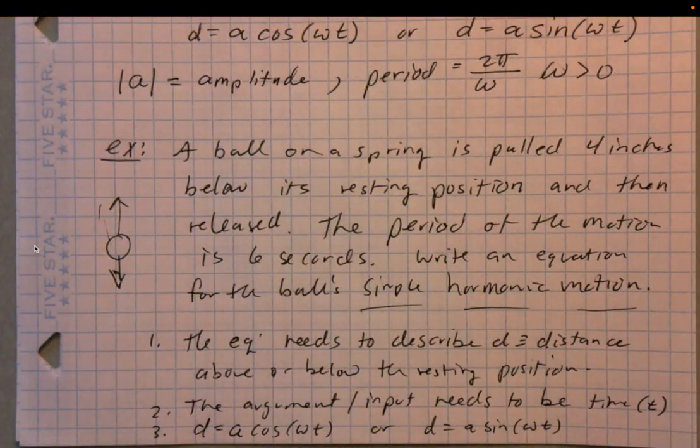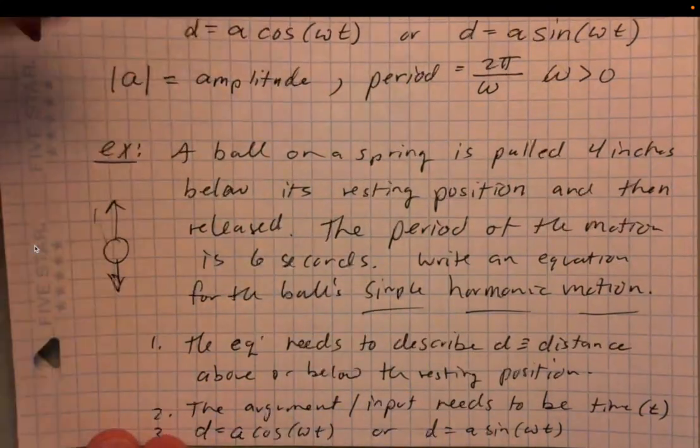Maybe there's another function that could model this, and it probably exists, but this is a simple harmonic motion problem, so we want to use sine or cosine. So let's go ahead and do this.